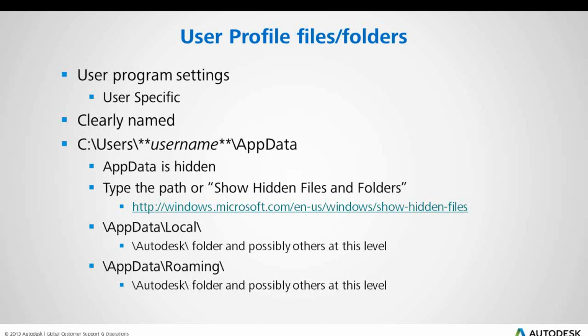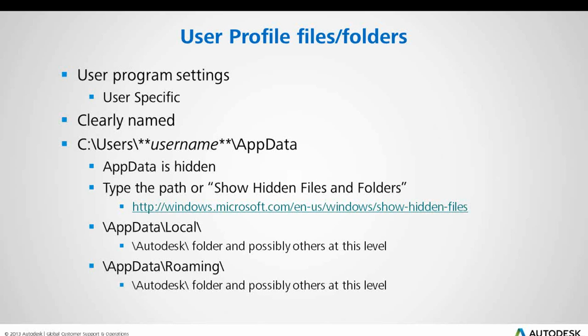And usually under Local there will be an Autodesk folder, and then under the Autodesk folder a folder specific to whatever software you're trying to uninstall. So you want to delete that to make sure you have everything cleaned up. And again, under the Roaming one, similar thing. Sometimes some software can put the folder directly under the Local or the Roaming folder, so it's not always under the Autodesk folder.